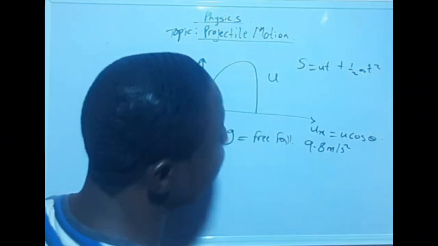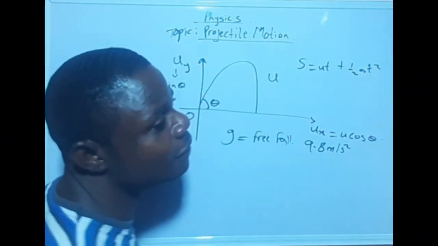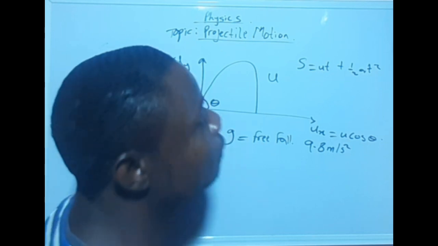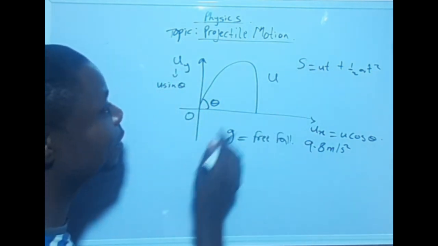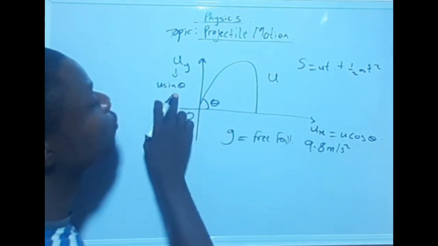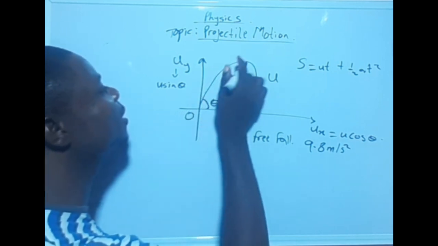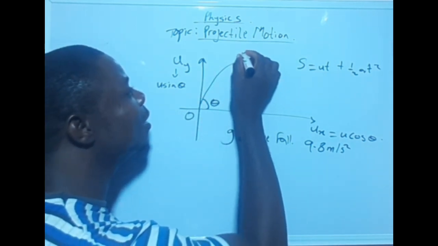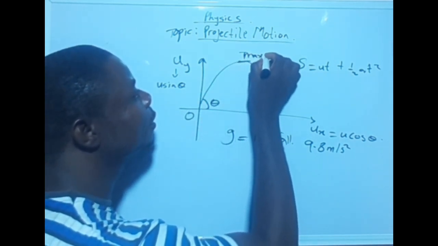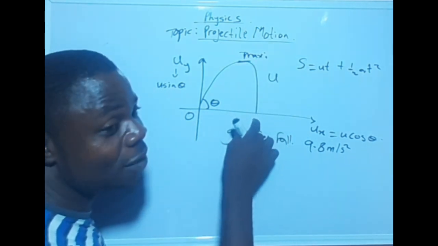Now, in relation to projectile motion, how can we arrive at T equals 2u sine theta over g? Remember that for the vertical component, when the object is displaced, it remains in the air, reaches the maximum point, then starts coming back to where it was launched.